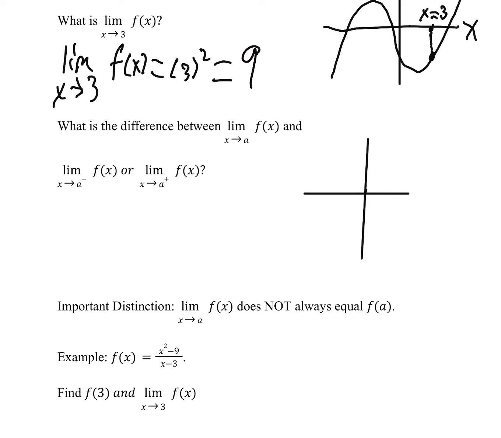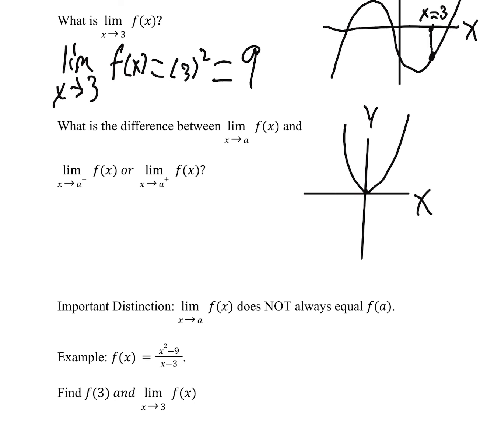And maybe I can draw a parabola to simplify things a bit. So this negative sign here indicates that we're coming from the negative direction. You're coming from the left side.